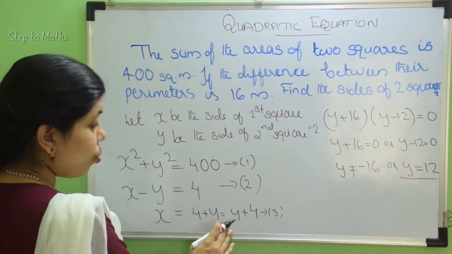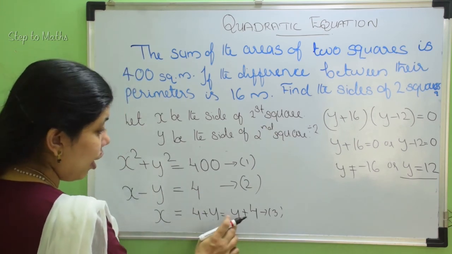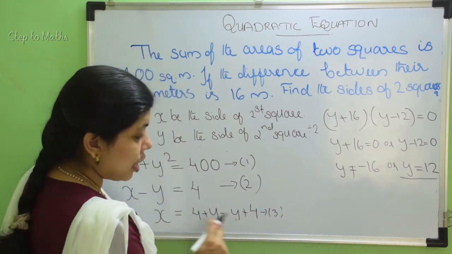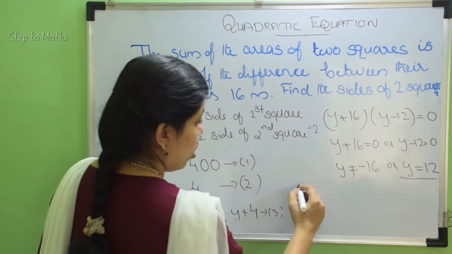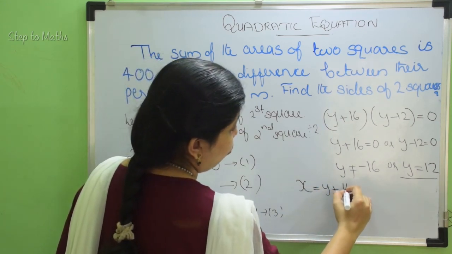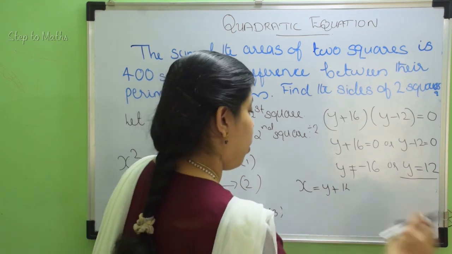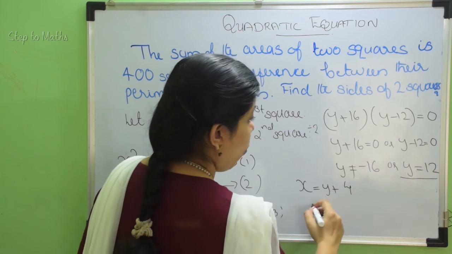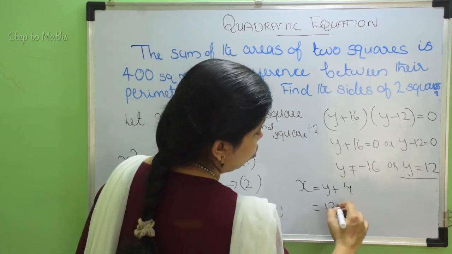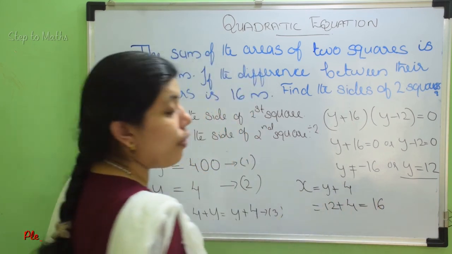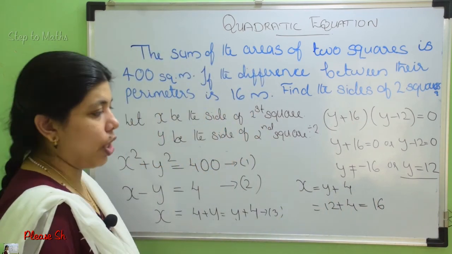If we substitute the value of y in equation number 3, x is equal to y plus 4, and if y is equal to 12, it becomes 12 plus 4, which is 16. The value of x is equal to 16.